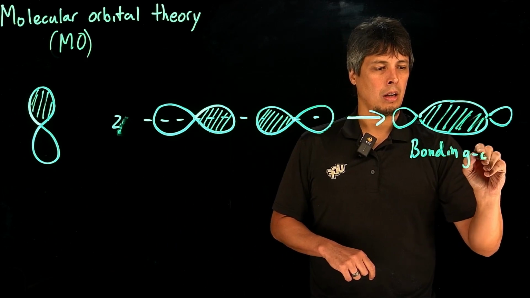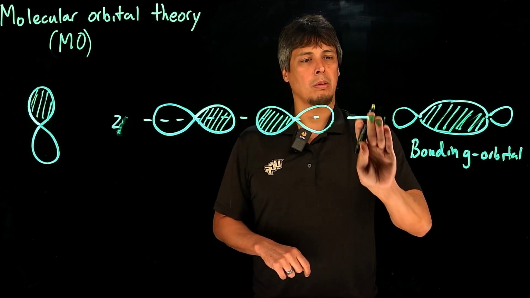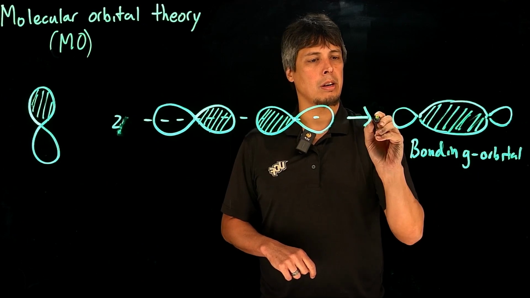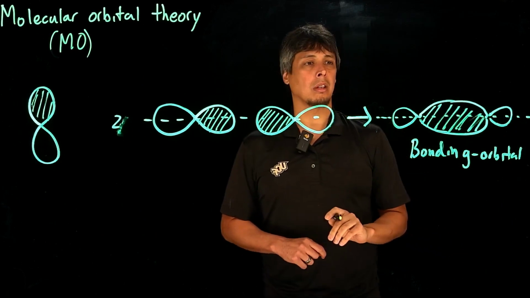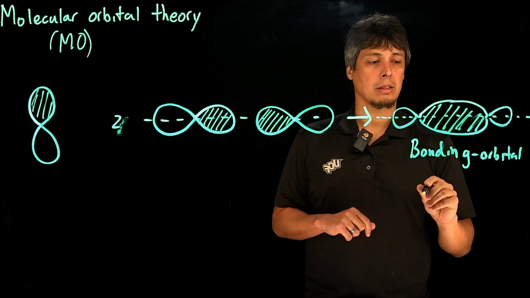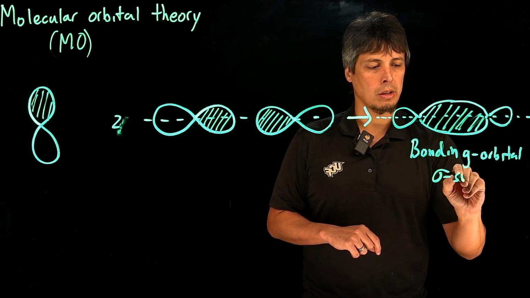Much like the situation we had with the s orbitals for hydrogen, we can draw a line through the two nuclei, and we have a rotational axis. So not only do we have a bonding orbital, but it also has sigma symmetry again.